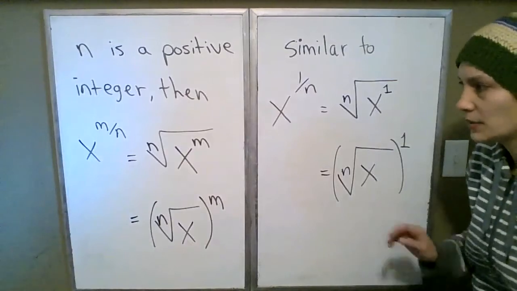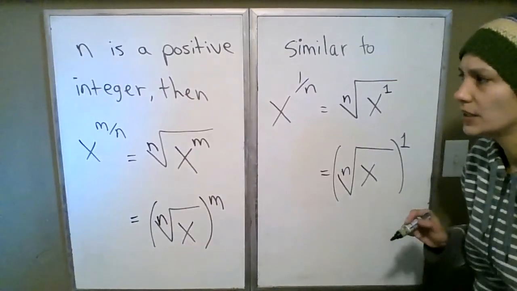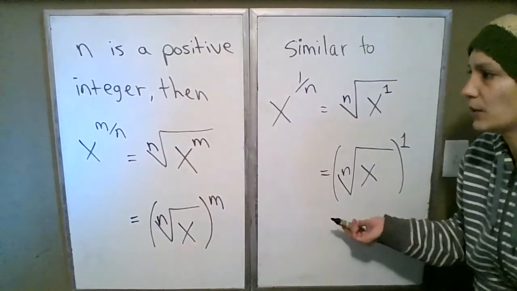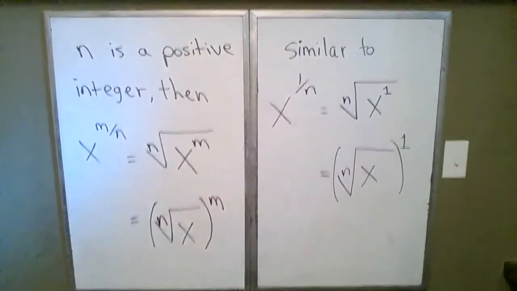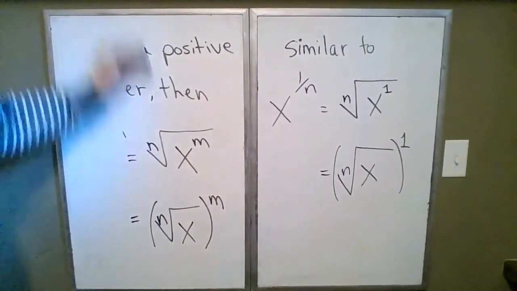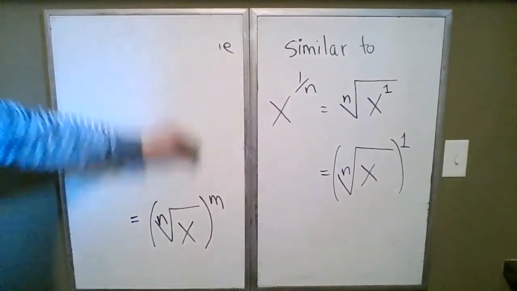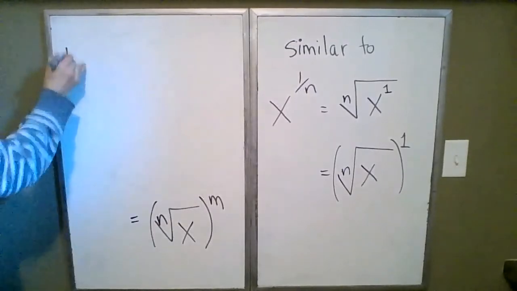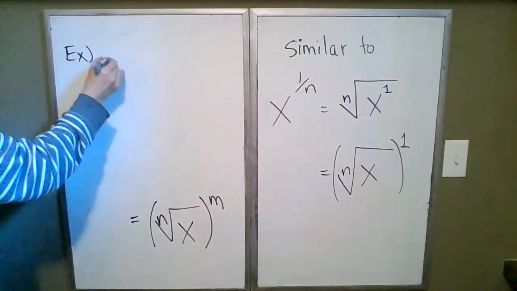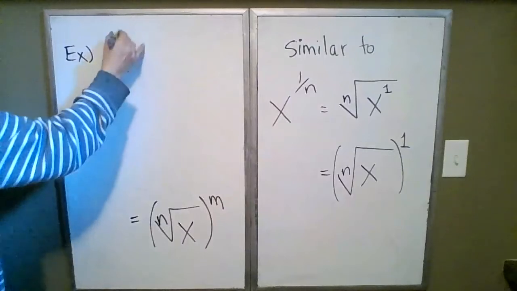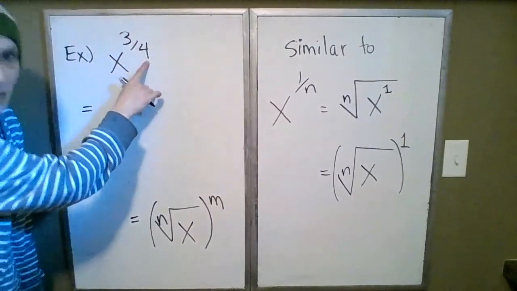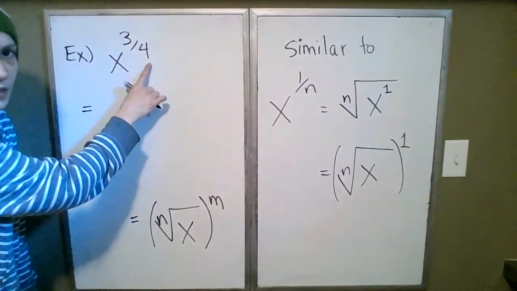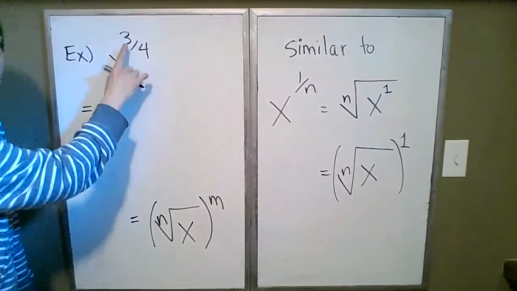Let's look at something more specific, like we'll put x to the 3/4 power. The denominator is the root. It's a 4th root of x cubed.